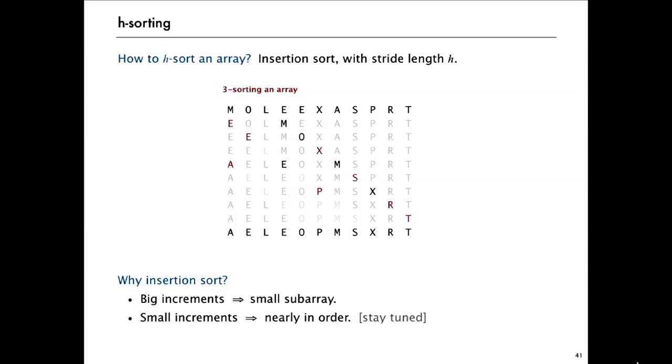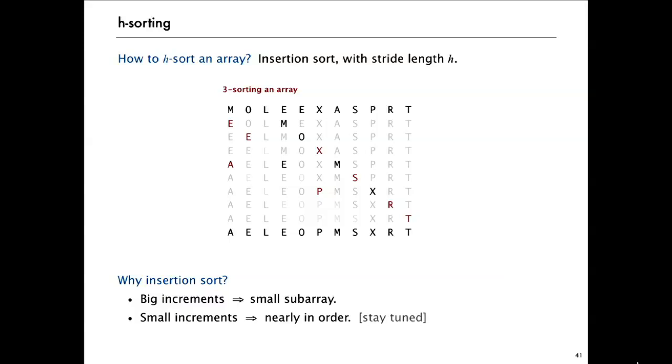And the idea is we're going to use insertion sort for 2 reasons based on our understanding of how insertion sort works. Well, the first thing is if the increments are big, then the size of the subarrays that we're sorting are pretty small, so any sorting method, including insertion sort, is going to work well.